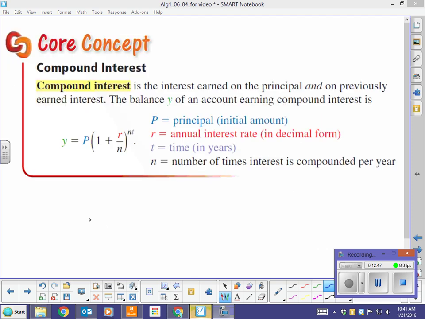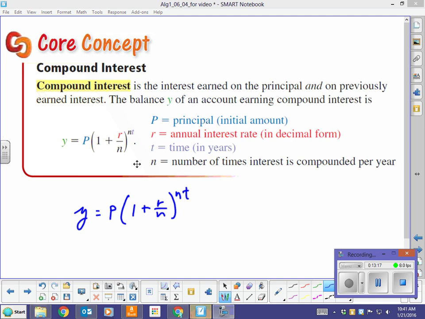Compound interest. Now, this is a really big idea because this is how money grows in banks, even though banks don't really pay a lot of interest anymore. But when you invest in something, the money that you earn on your investment, you can get interest on that as well. So the idea of compound interest is you earn interest, and then you earn interest on your interest if you keep the money in the bank or wherever you have it invested.